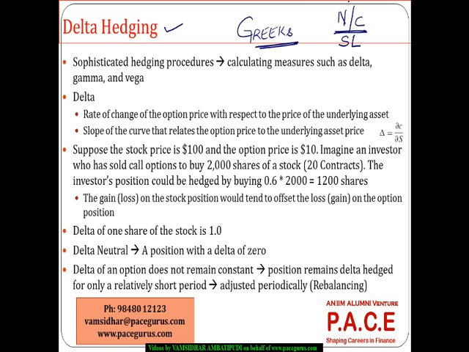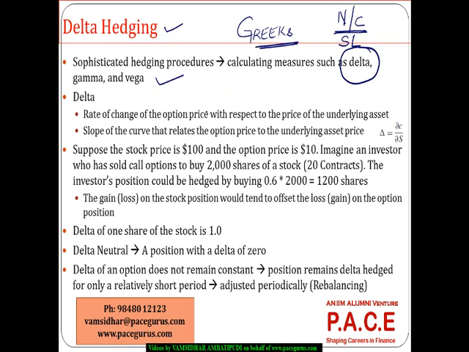But even that is not proving fruitful. That is where the next hedging methodology came up, which we call delta hedging. When we talk about sophisticated hedging procedures, we calculate the Greeks such as delta, gamma, vega and use them for the purpose of hedging.